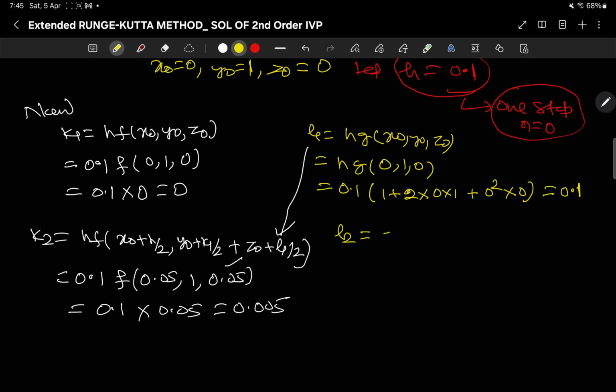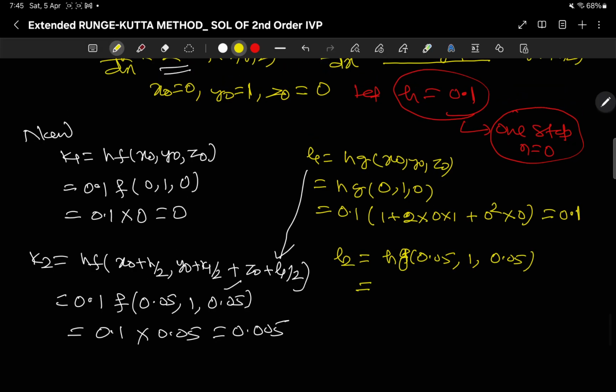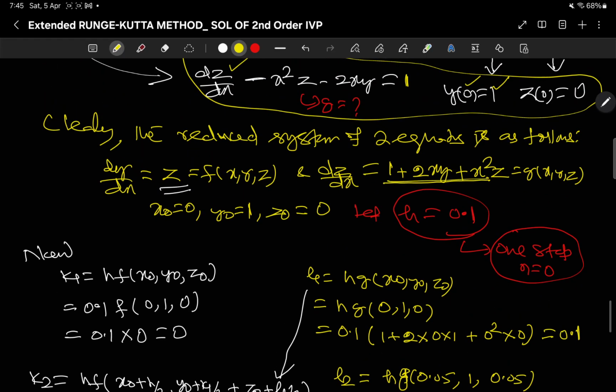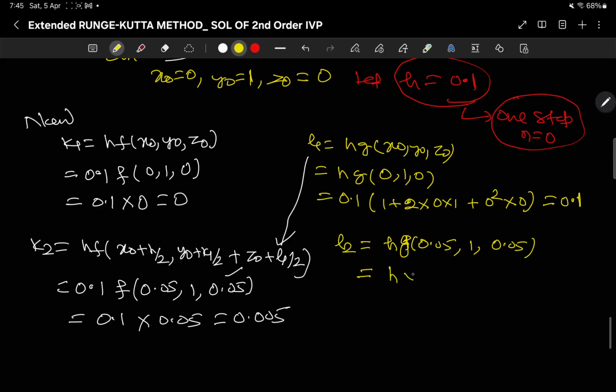And accordingly what is my L2 I need to find. My L2 is h g of the same thing, it is (0.05, 1, 0.05), and you simplify it, it is here 1 plus 2xy plus x square z, h into 1 plus 2xy plus x square z, is not it?